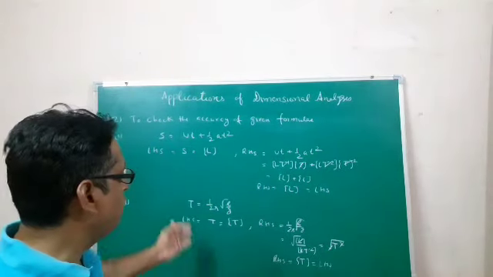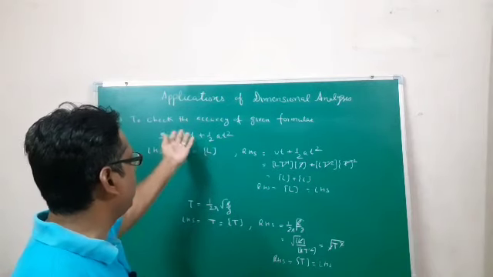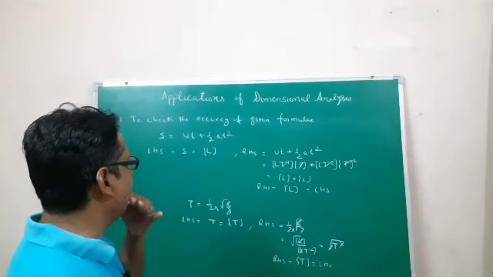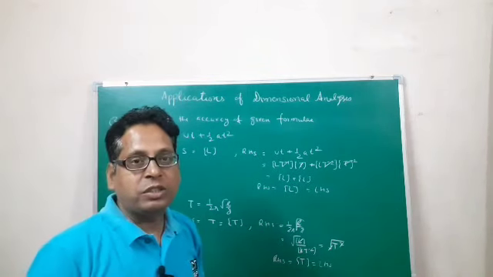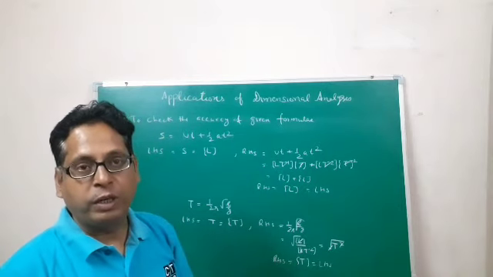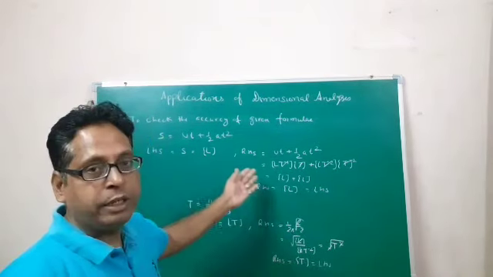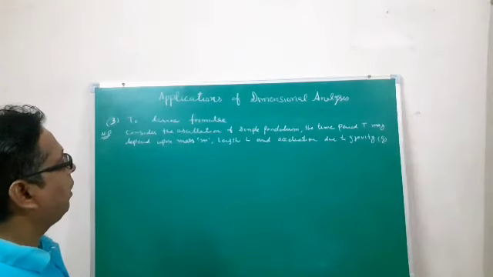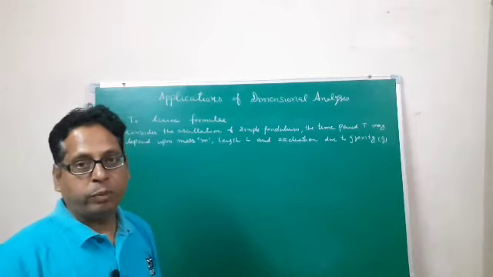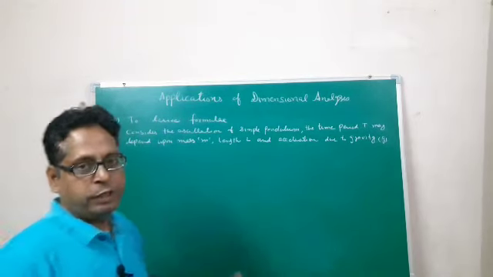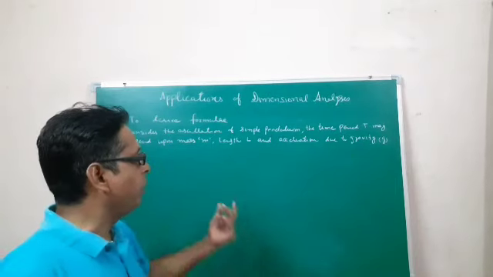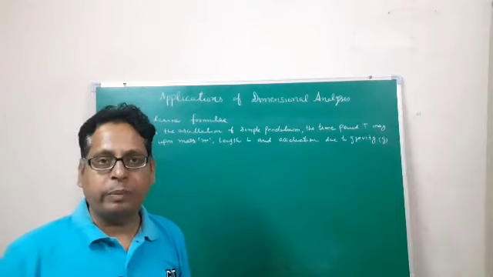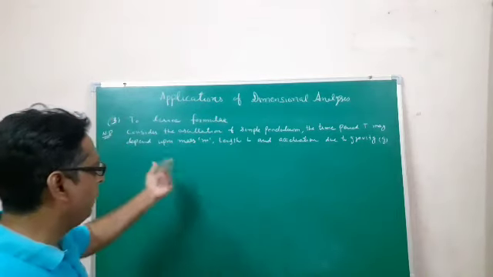Students, you have seen that we have done the correctness of given formulae, and we have converted one system into another. So we have the last type, that is to derive the formulae, right? Yes, the third application of dimensional analysis is to derive formulae. We are given a statement in which the given quantity depends upon different factors, and we are to derive a given formula.